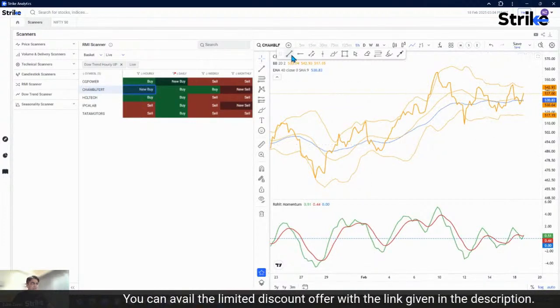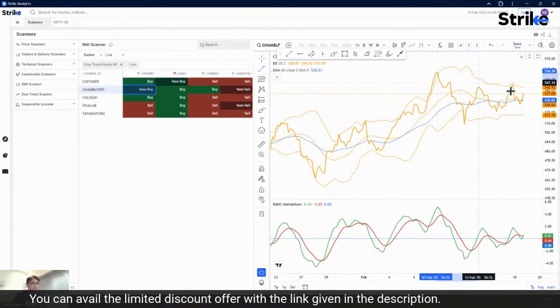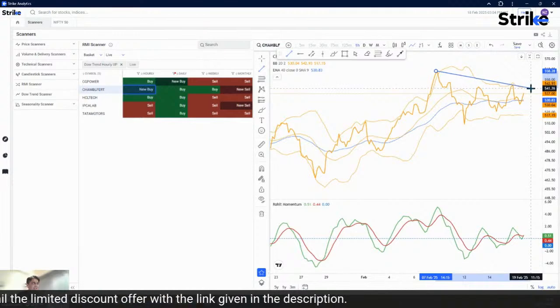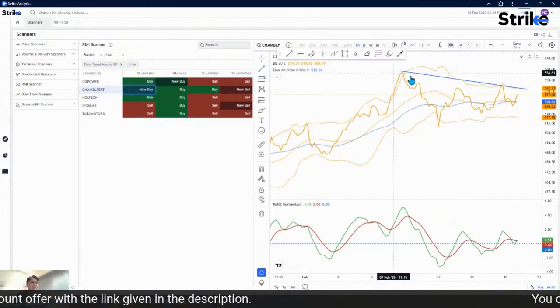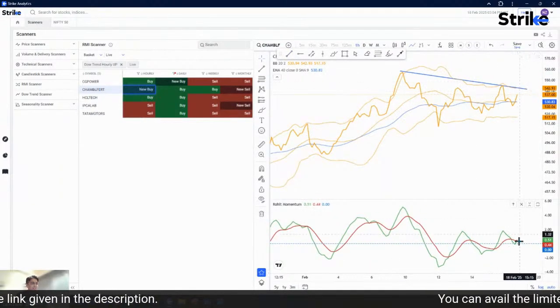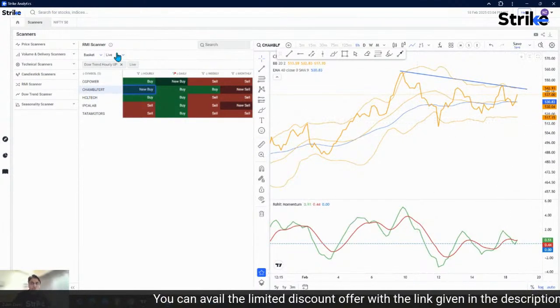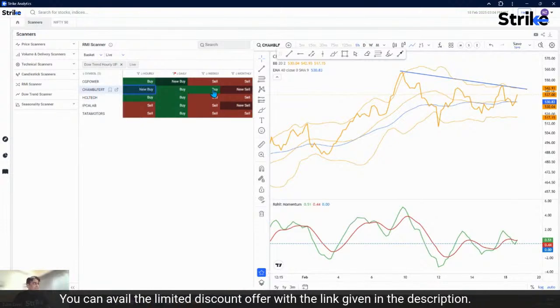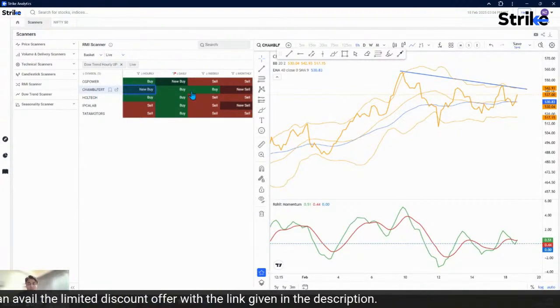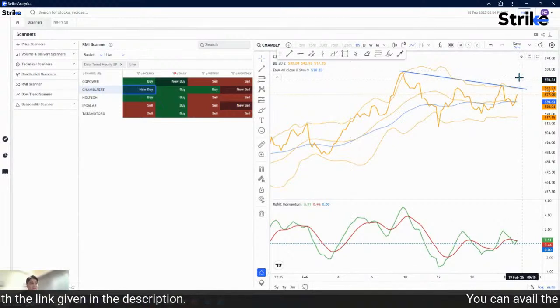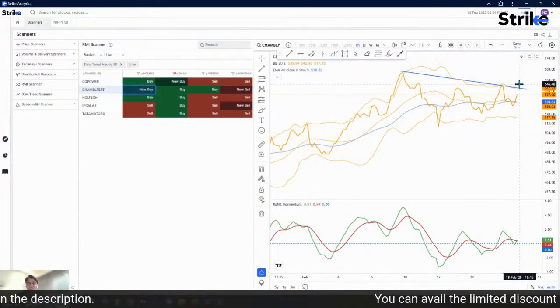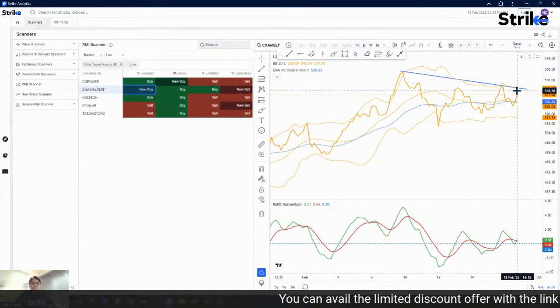You can also draw a trend line and stay alert that on the hourly chart, if this trend line gets breached, the momentum is strong on the hourly, daily, and weekly. So in such stocks where on the hourly, daily, weekly, the trend and RMI momentum is bullish, you can expect an upward breakout and take positions accordingly.